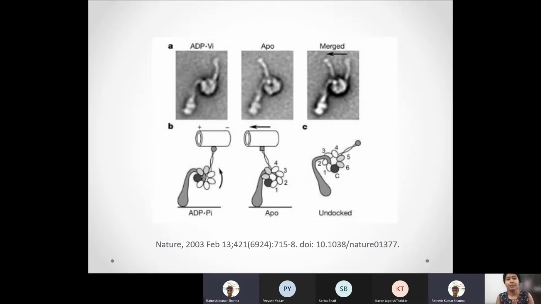So this is the last slide for dynein, and I will stop talking about dynein after this. The interesting thing about dynein is that it has a huge number of domains and subdomains with different functions.